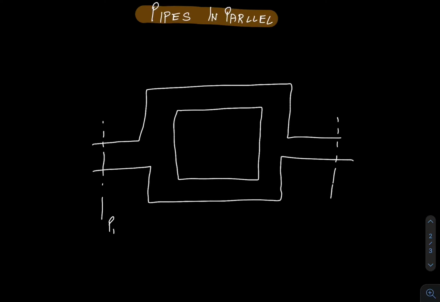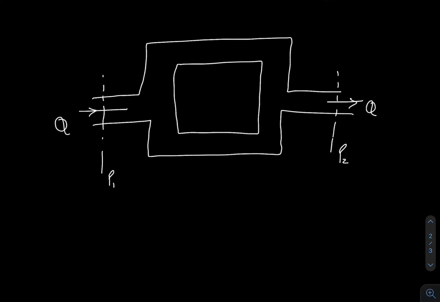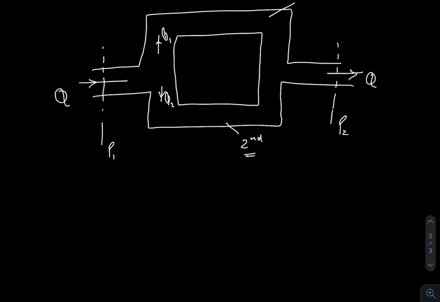Here the pressure is P1, here the pressure is P2, and it has a flow rate of Q. As mass is neither created nor destroyed, mass is conserved here, and we are considering an incompressible fluid. Let's say here the flow rate is Q1 and here the flow rate is Q2. So basically these are two pipelines, the first pipeline and the second pipeline, and both are connected in parallel.